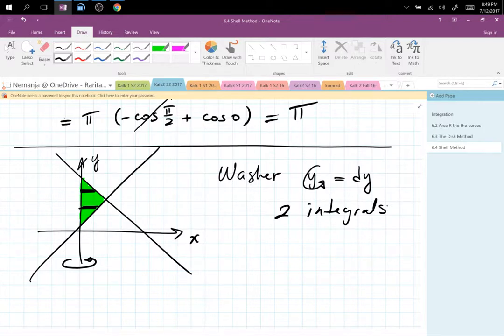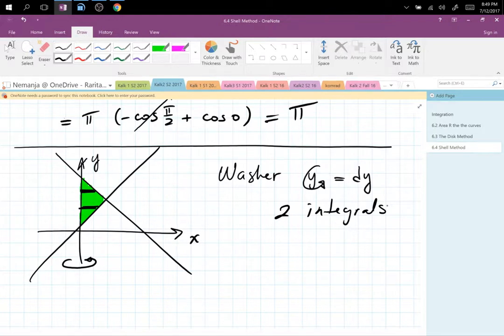So two integrals. You can have 17 if you want to, but 2 are necessary, right? You can't have less than 2 to solve this with the washer method. And you can also call it disk, because this one is 0.